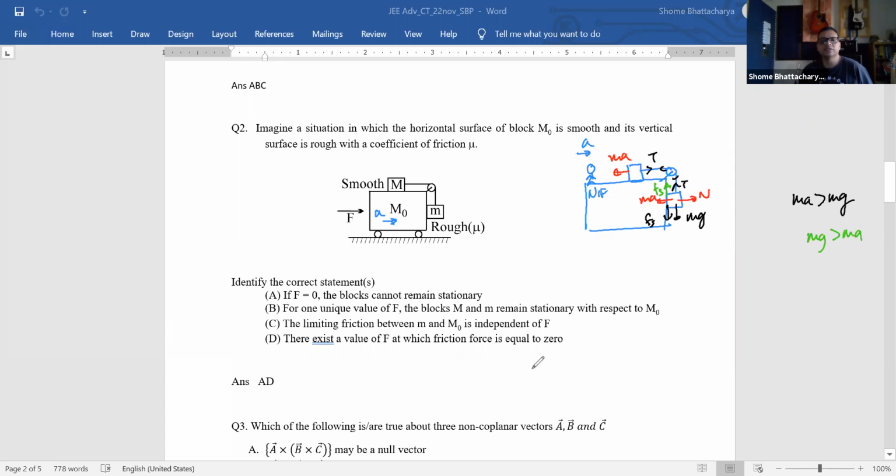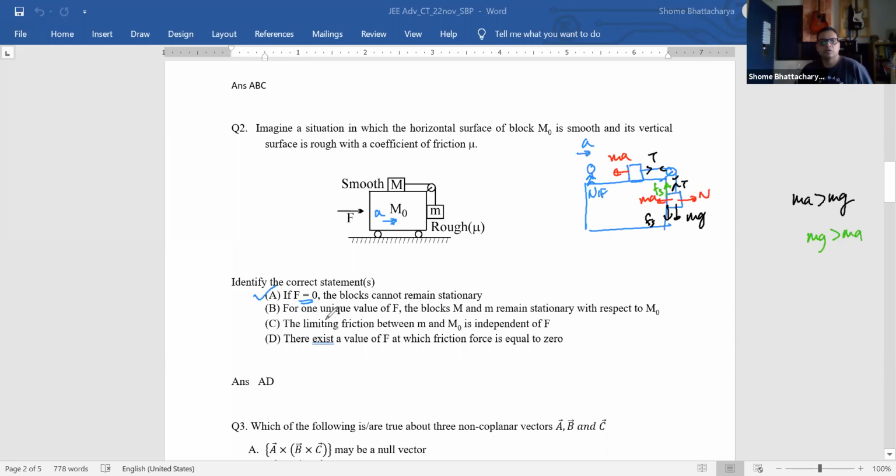So in that case, static friction will be acting like this. So there's a whole range of A's for which this will happen. But first and foremost, you can see that if this force is zero, there is no acceleration, so there is no normal contact force here. So there will be no friction available. So these blocks will have to accelerate. So this option is correct.